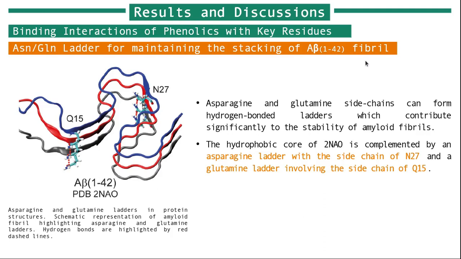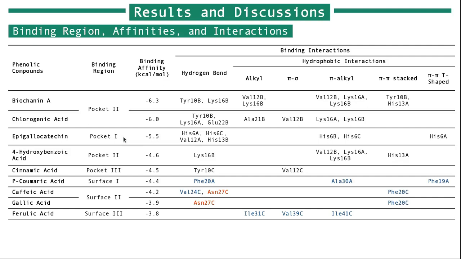As we can see, the asparagine N27 and glutamine Q15 side chains can form hydrogen-bonded ladders which contribute significantly to the stability of the amyloid fibril. Based on our results, only 4 phenolic compounds bound on the surface of the AB42 fibril displayed interaction with the key residues mentioned before.